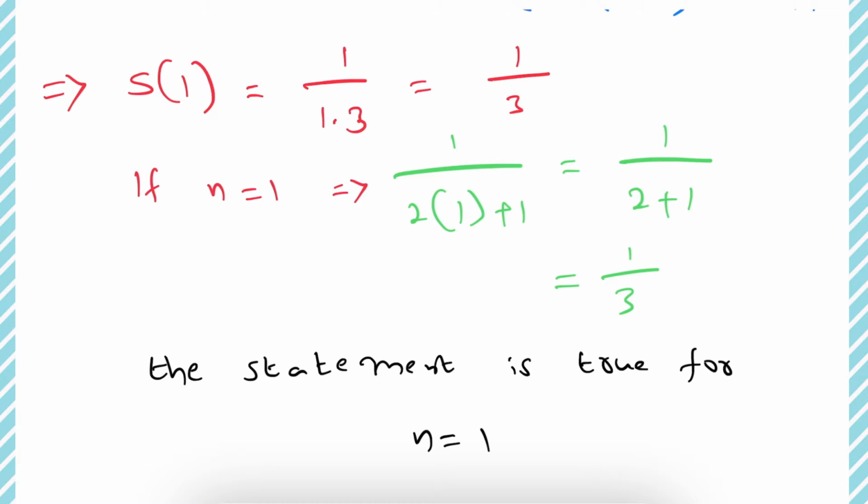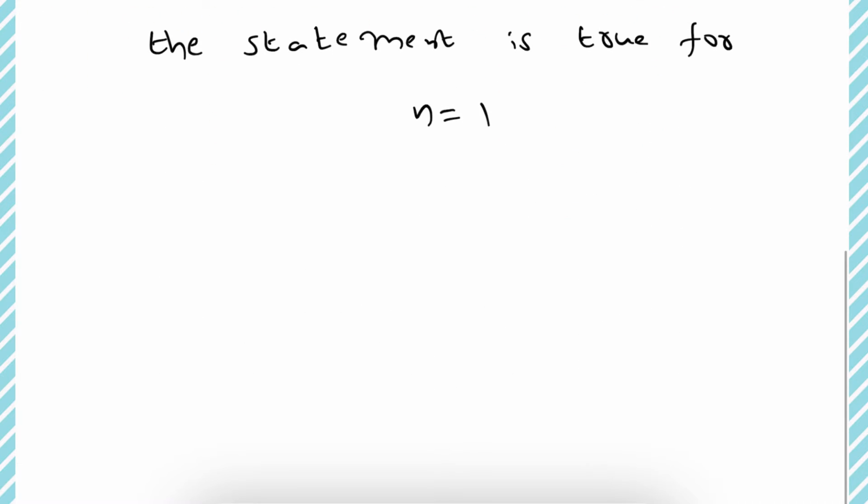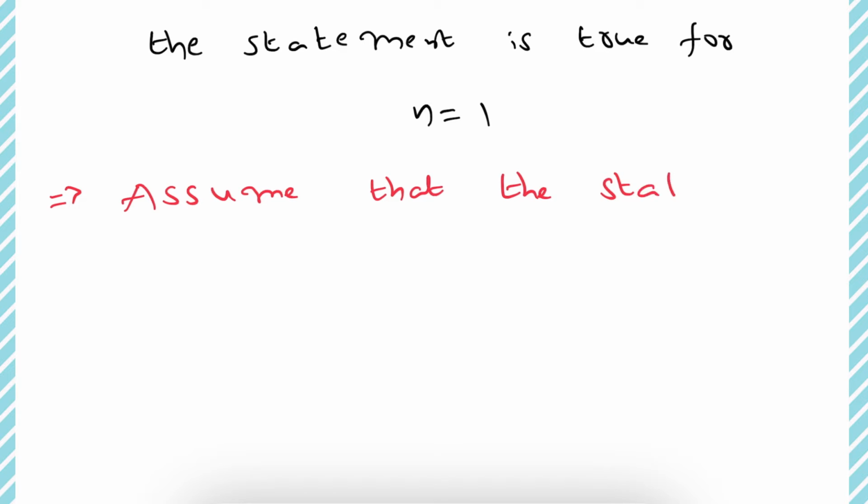The second step has nothing to solve, it is just our assumption. Assume that the statement is true for n equals k.